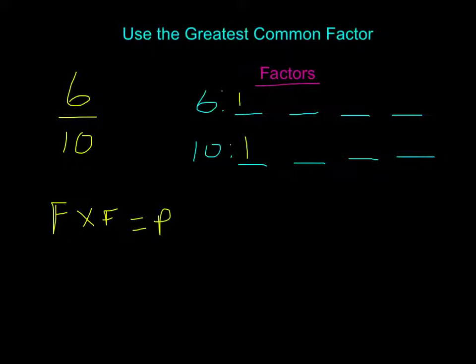So it's going to be 1 and 6, and for 10, it's going to be 1 and 10. Now, 6 and 10 are both even, so we know that 2 is going to be a factor. So 2 times 3 equals 6, and 2 times 5 equals 10.